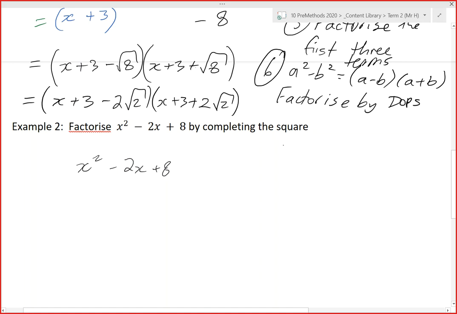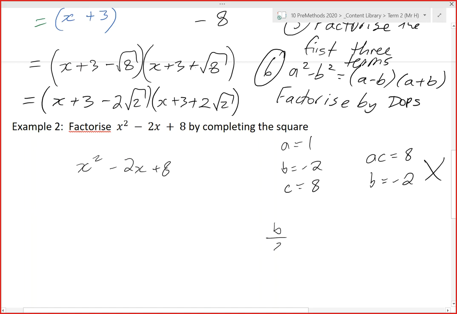Yep. So A is 1, B is negative 2, C is 8. So AC is 8, B is negative 2. Are there any two numbers that multiply to get positive 8 and add to get negative 2? It won't work. We can't do that, so we have to complete the square. So we're going to take the b value, remember?